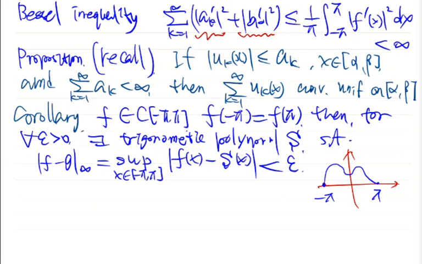Then you can find the trigonometric polynomial as close as you want to the function. Okay? Given any epsilon positive, you can find the polynomial as close as you want to f. So the closeness is described by this infinity norm. This norm I will introduce to you here.